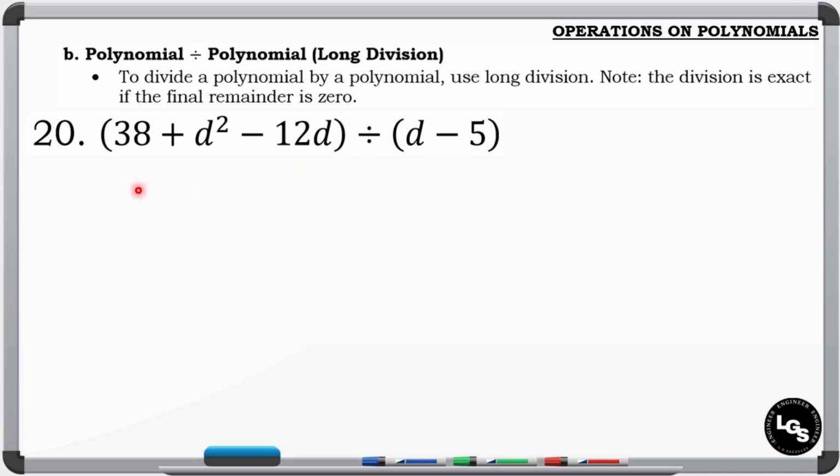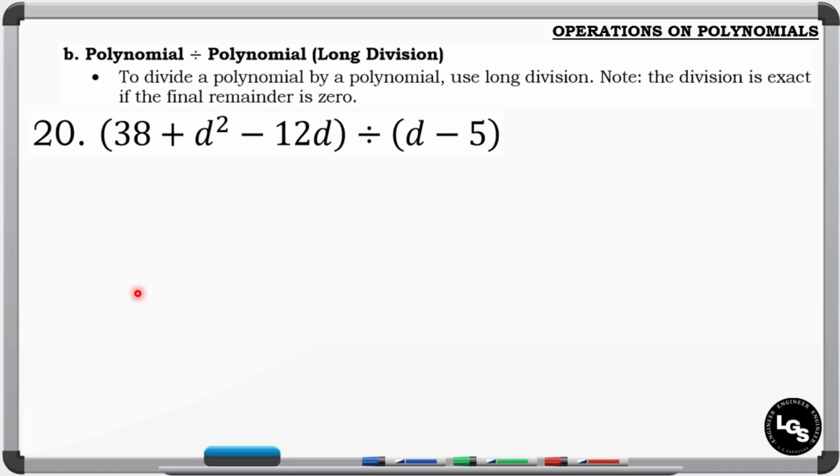The first step in long division is to rewrite the dividend and the divisor in descending degrees, meaning we will write first the term with the highest degree, then followed by the next or second highest degree until we reach the constant.